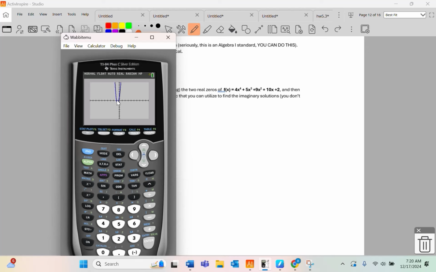Now, there's a nice zero. Something doesn't seem right about that. 4x to the fourth plus 5x cubed plus 9x squared plus 10x plus 2. I didn't see anything wrong.